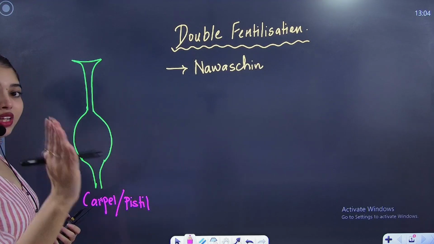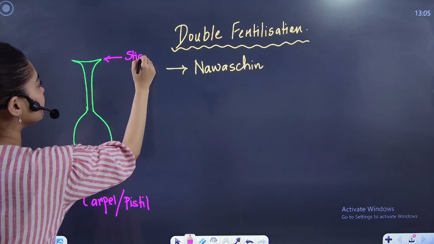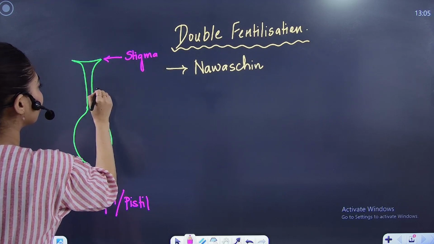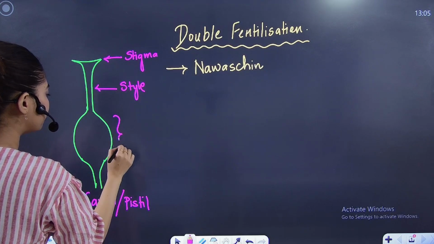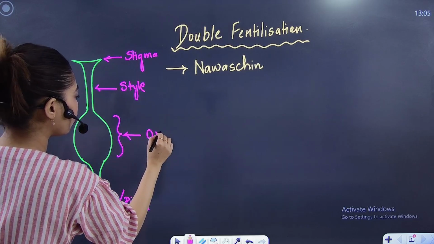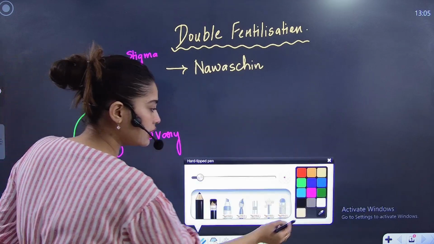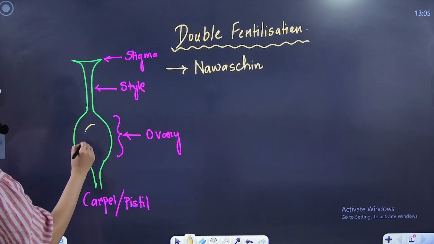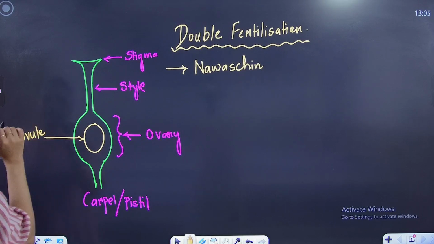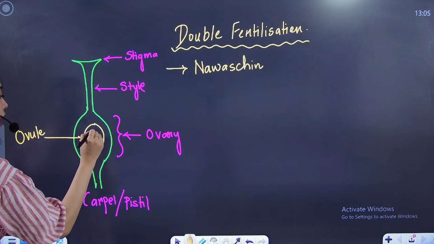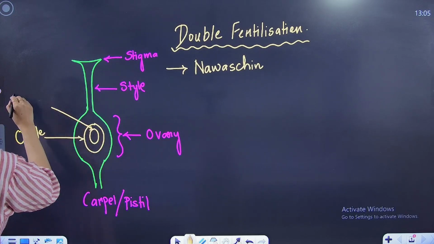It has three distinct regions. This one is called the stigma, followed by the style, and the bulged basal portion is known as the ovary. The ovary contains a structure inside it, and this structure is none other than the ovule. The ovule has another structure inside, which is called the embryo sac.